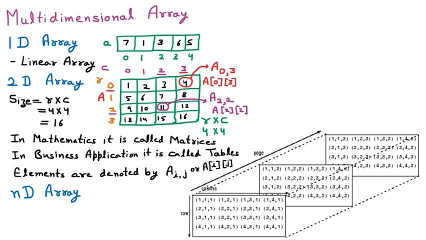Where have you seen this? First of all we have a table with rows and columns. This one is the column and this one is the row. You can see that the first side looks like a 2D array. Now behind that, in a similar way, we have different pages.